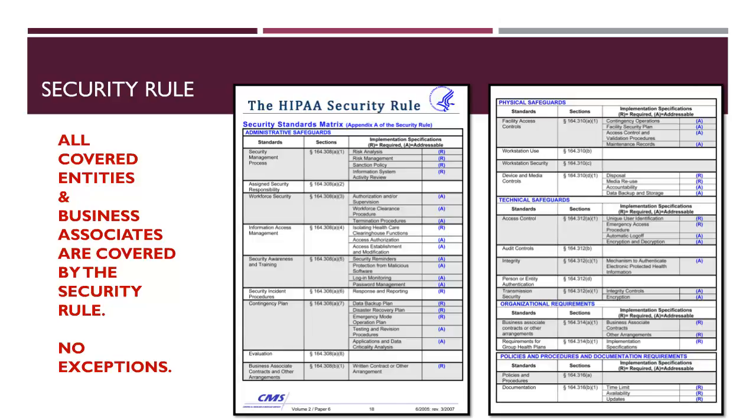The HIPAA security rule. All covered entities and all business associates are covered by the HIPAA security rule. There are no exemptions. That means every business associate must have a risk analysis in place, must have a risk management program. These are the required standards for all entities covered by the HIPAA security rule, no exemptions.